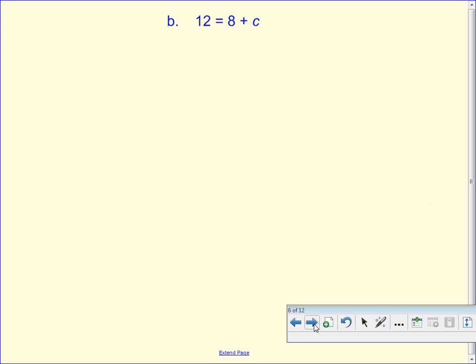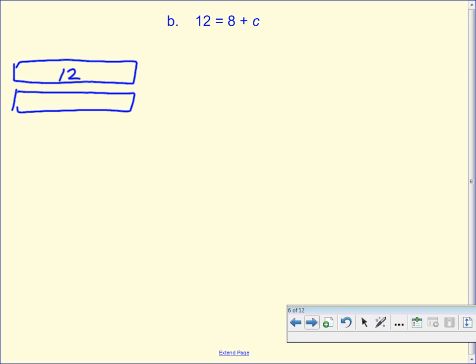Let's try another one. 12 equals 8 plus C. So what is it that I have? We have 12. I'm going to draw my 12. And I know that 12 is equal to 8 plus what?